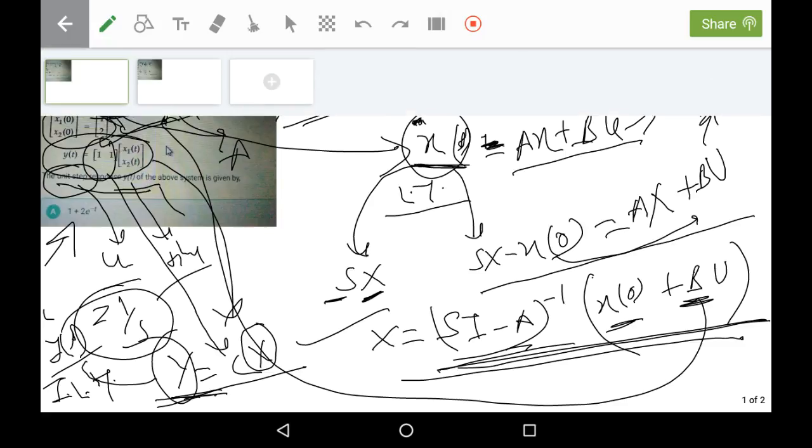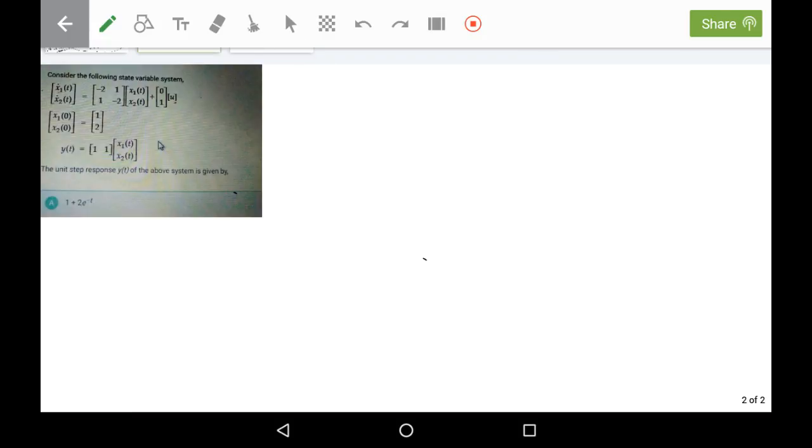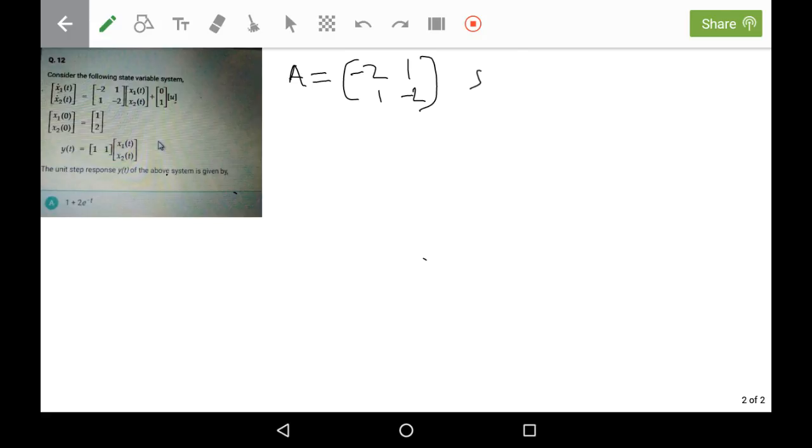So here is the next slide, and we start. A we have: A equals minus 2, 1, 1, minus 2. So sI minus A will be s plus 2, minus 1, minus 1, s plus 2.